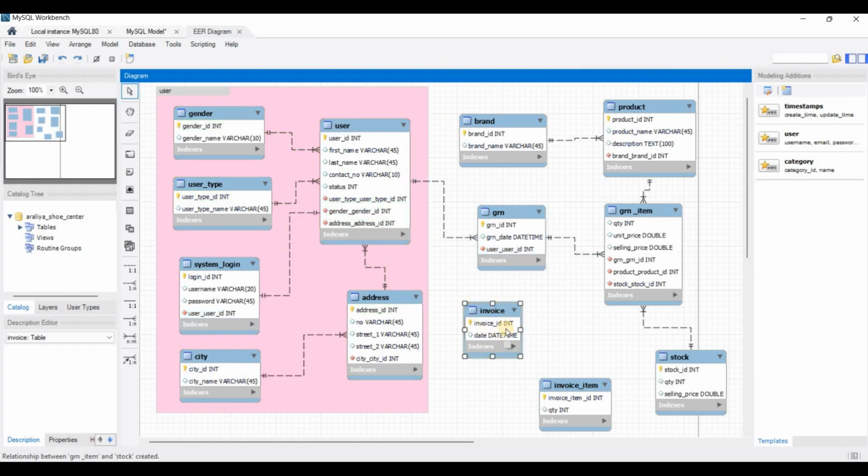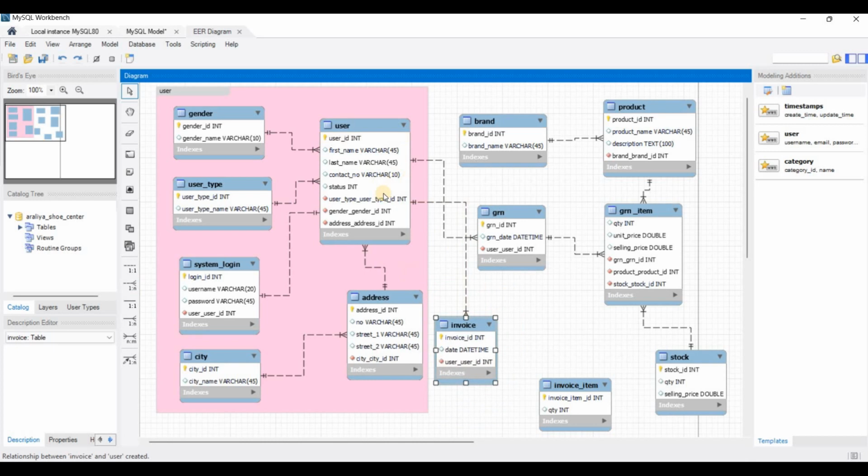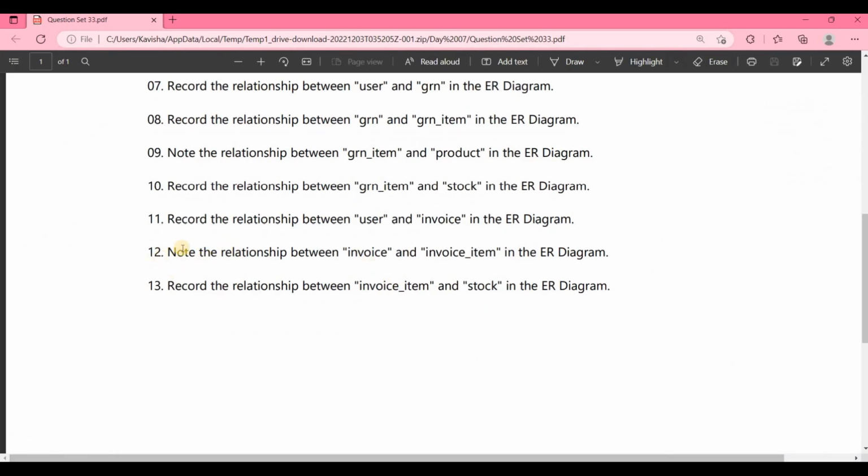One invoice belongs to only one user. So the relationship between those two tables is a one-to-many relationship. Here's the many side and here's the one side. So this is the relationship between invoice and user table.